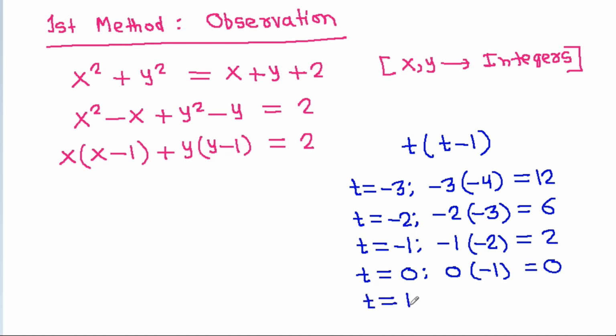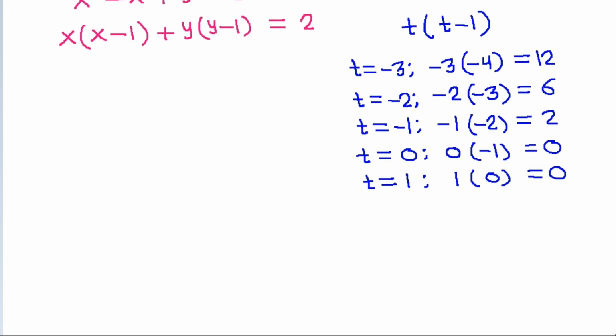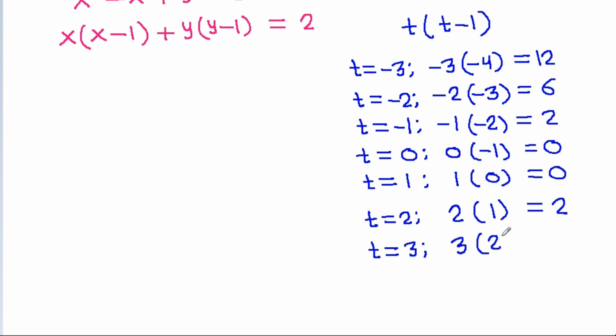At t is equal to 1, it is 1 times 0, that is 0. At t is equal to 2, it is 2 times 1, that is 2. At t is equal to 3, it is 3 times 2, that is 6.